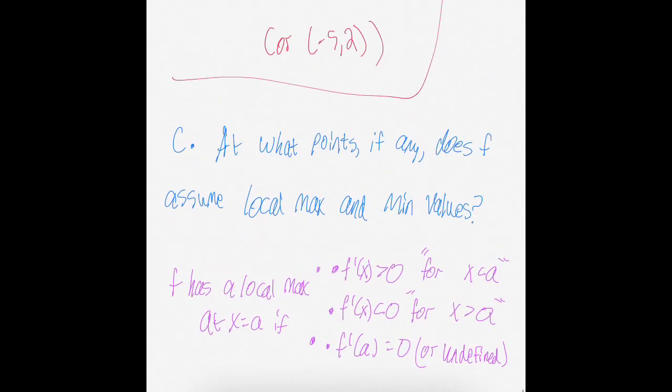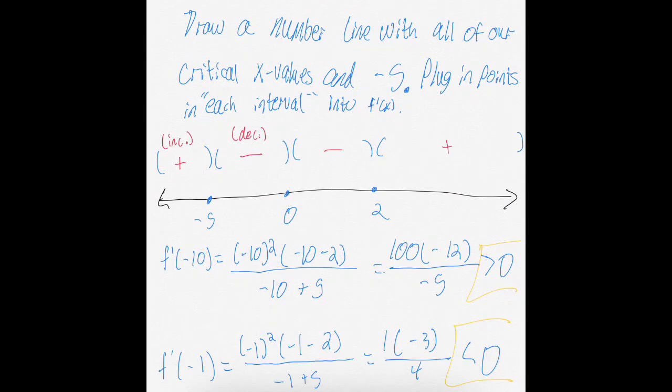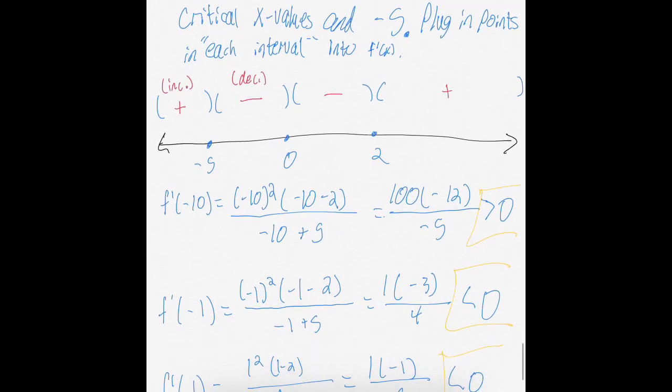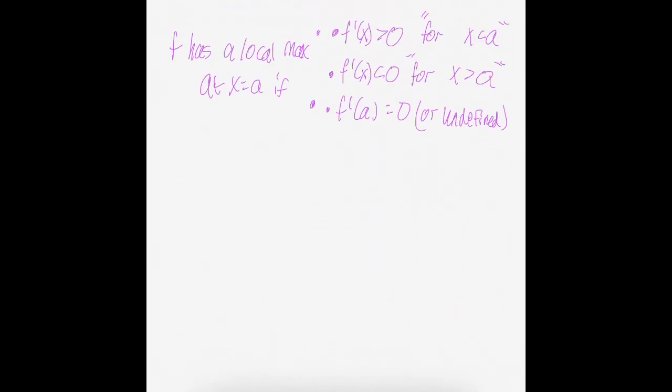Now, again, I should note, or f prime of a equals 0 or undefined. In this case, we don't need to worry about undefined because we don't have any of those, but it is something that you would have to consider. So if we look at our number line, if I look at -5, it looks like there is going to be a max there because the function is increasing to the left of -5, and then it starts decreasing after -5.